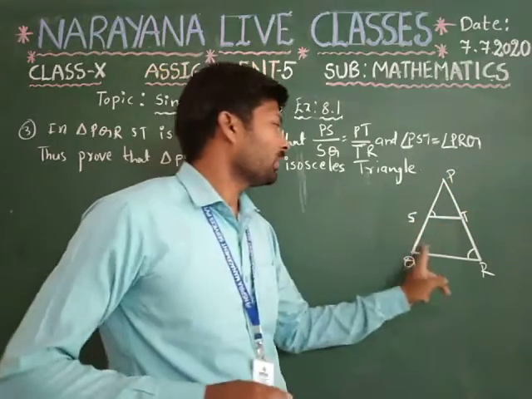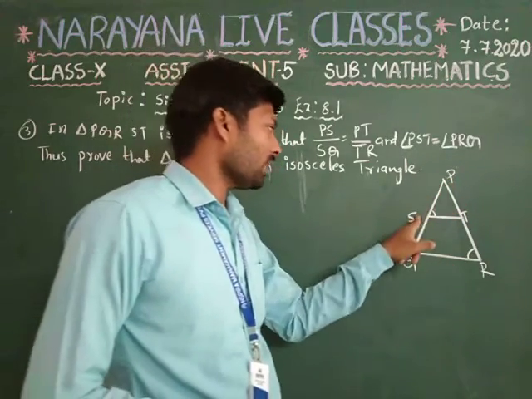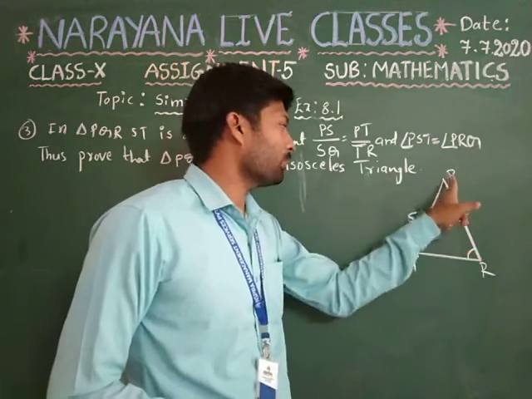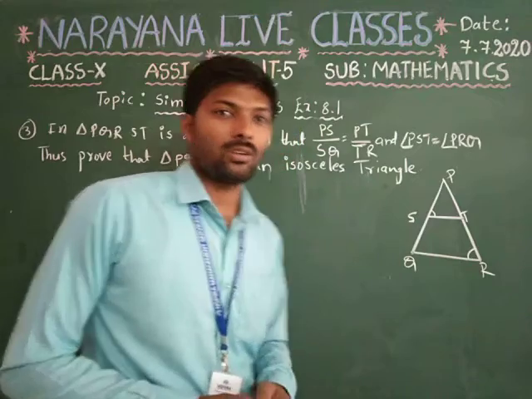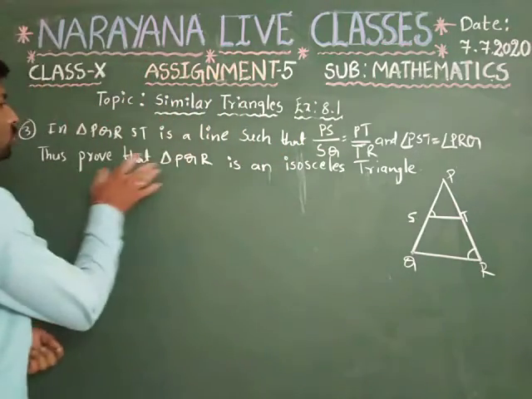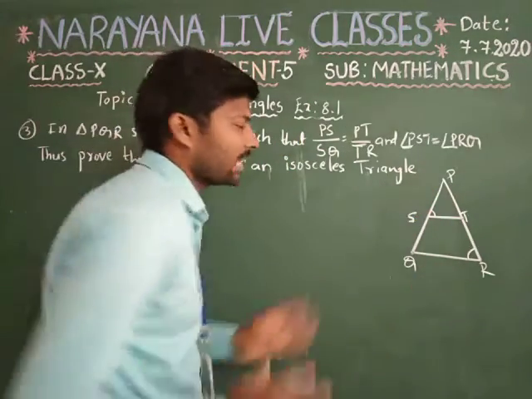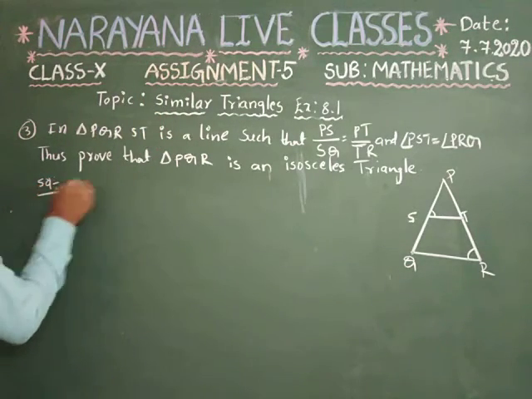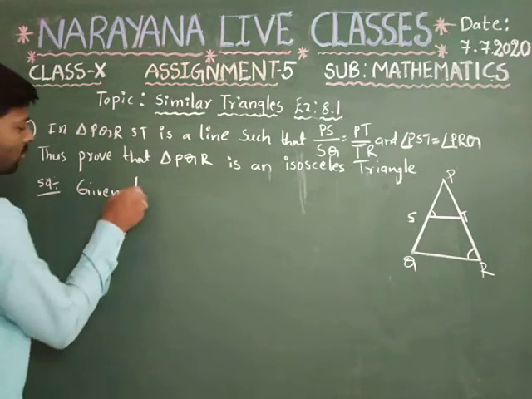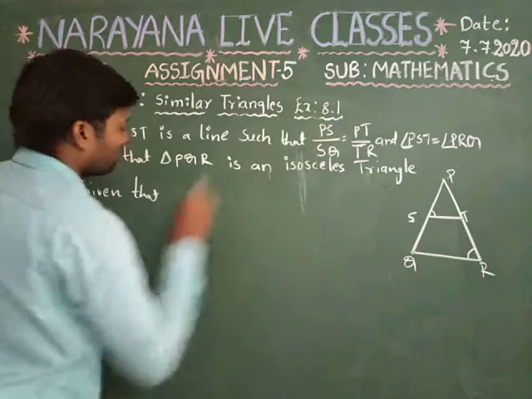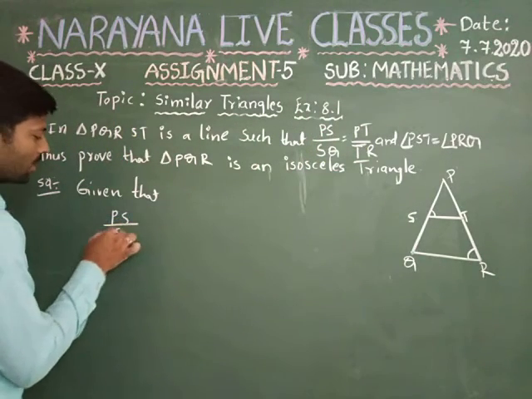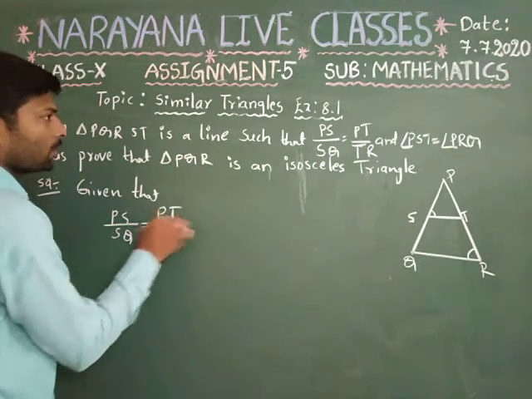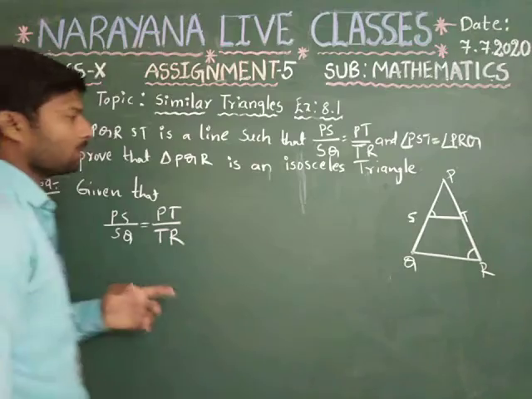In a triangle PQR, they have given angle PST is equal to angle PRQ. We have to prove that the given triangle is an isosceles triangle. So let us see this. From the given data, PS by SQ is equal to PT by TR.